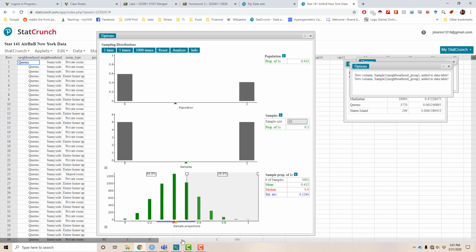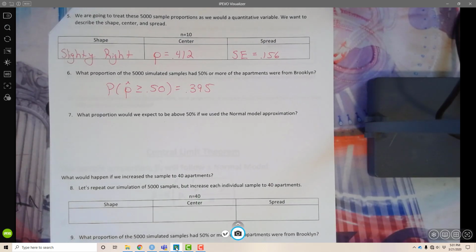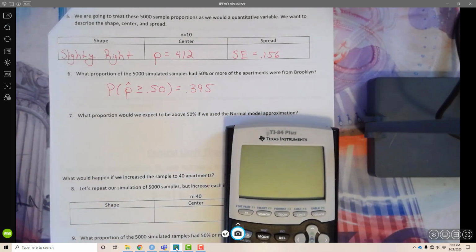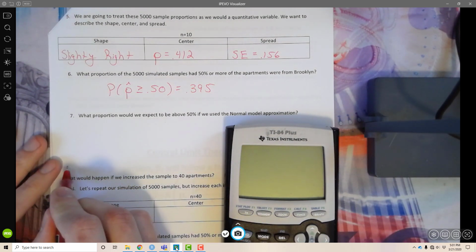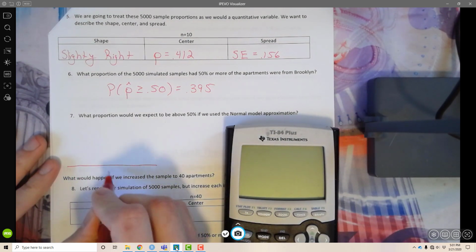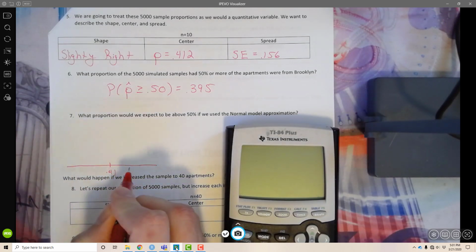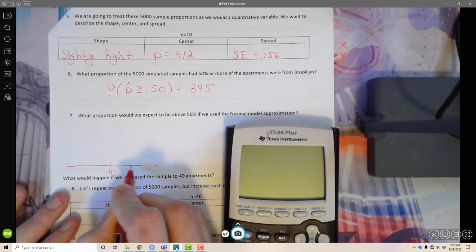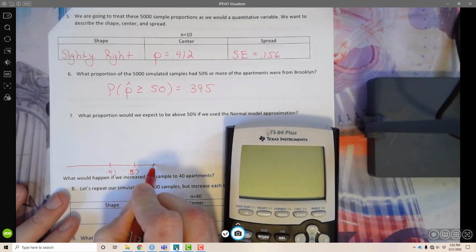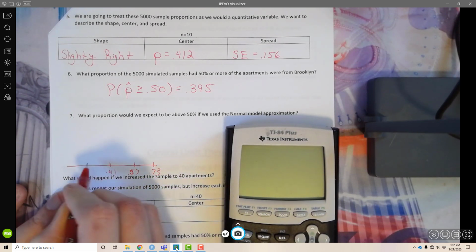So if you haven't already, you want to bust out your calculator. And what we're going to look for is we'll draw our normal curve. It was centered at about 0.41. And then if we go up a tick mark by about 16% each one, we'll have one tick mark up here of 0.57. Then another one at about 0.73.